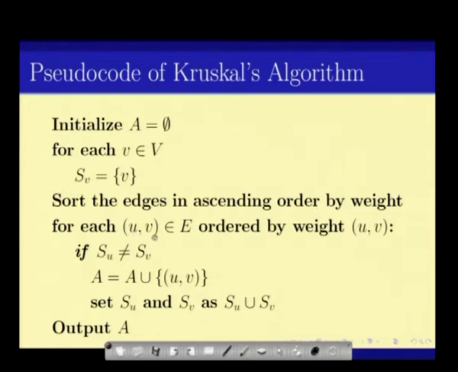We pick the next edge that we have not selected, in order of the weights. If the two sets are not equal, or in other words, if u is not connected to v, then I will add or select this edge, and I will update the S_u and S_v sets accordingly. It was an easy algorithm as such.